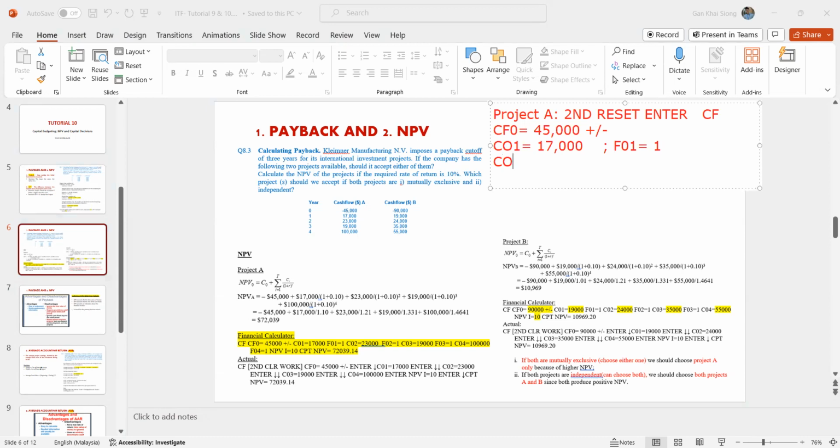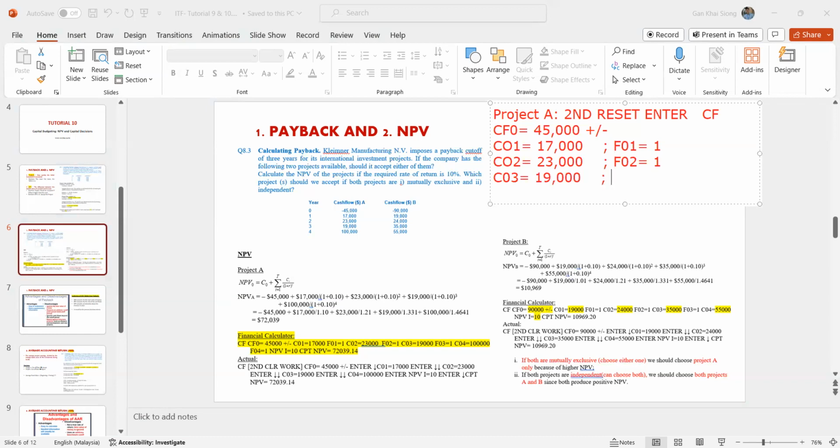C02 is 23,000. How many times you receive this? Again, it is 1. You receive 1 time as well. Now C03, cash flow in year 3, you receive 19,000.